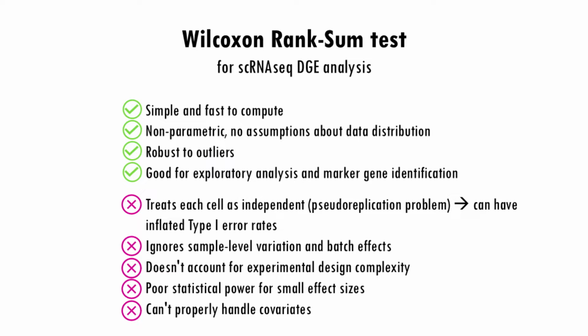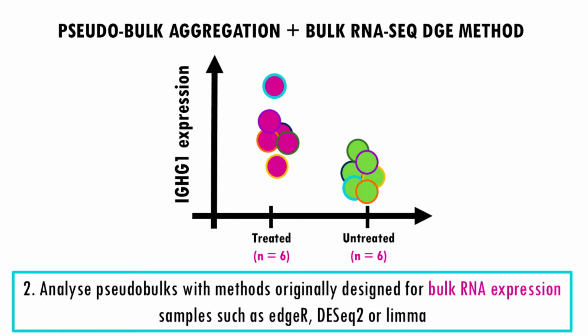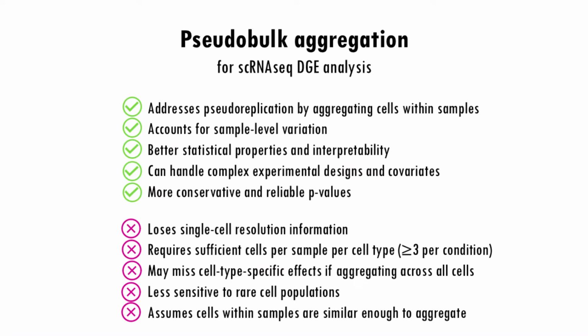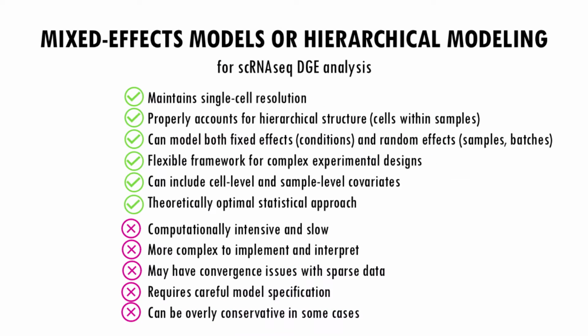Then we'll move on to pseudobulk based differential gene expression analysis using DESeq2, which is the gold standard as we mentioned in the previous video. And we'll also try the mixed effects model approach using MAST.